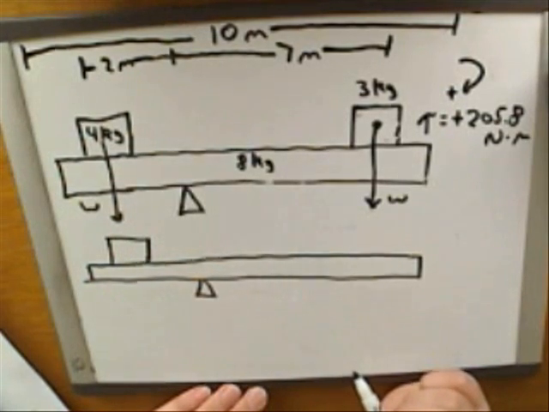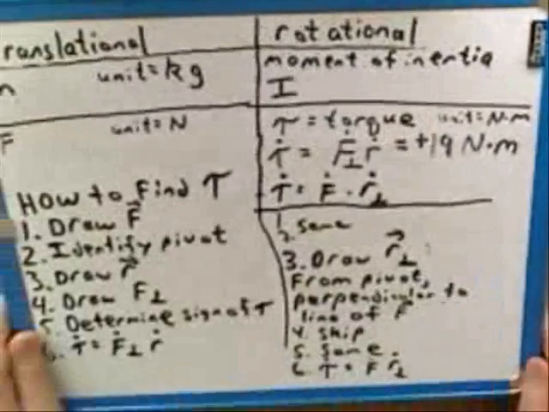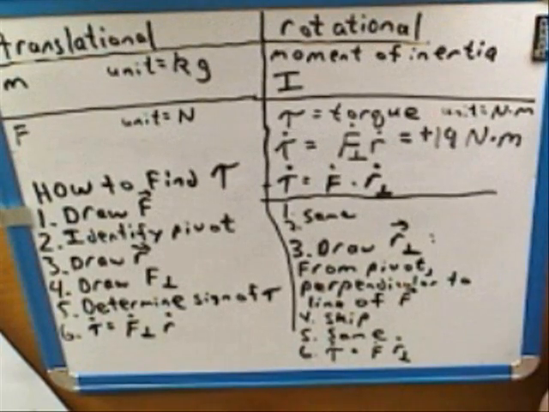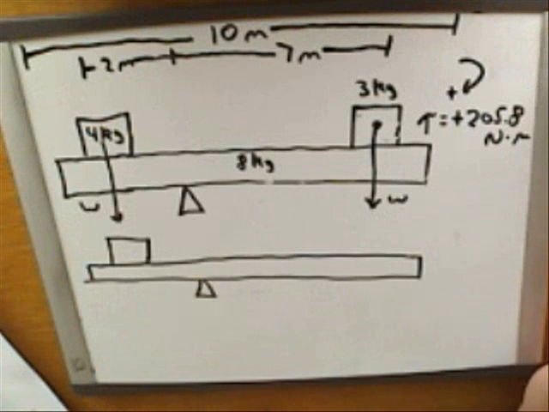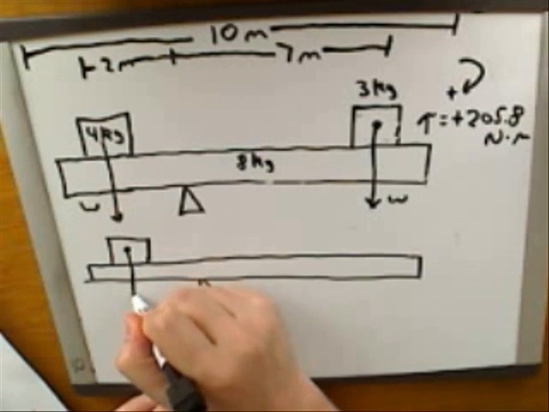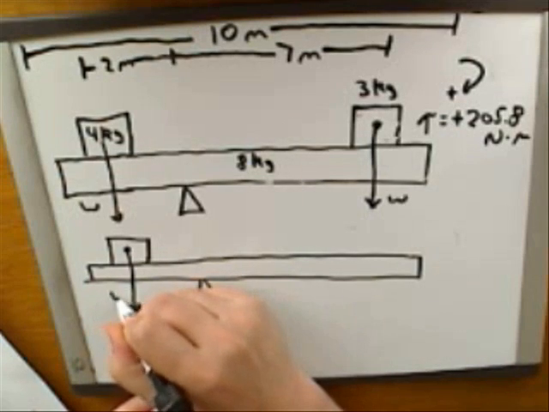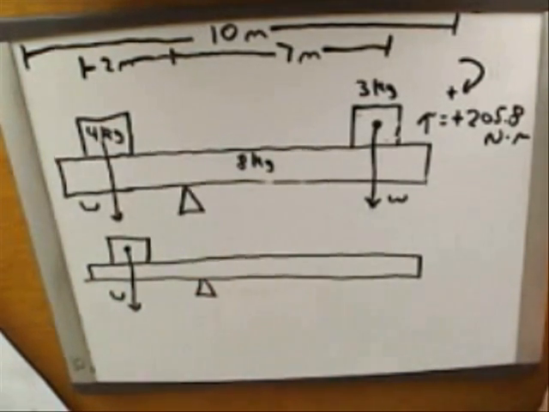So here's our new picture, and let's go through the method again. What's step 1 of the method? Draw the force vector, making sure you draw where it's being applied. So where is this force vector being applied? It's at the center of the box, down. That's right. And when I say draw the force, I really should say draw and, if possible, calculate the force.